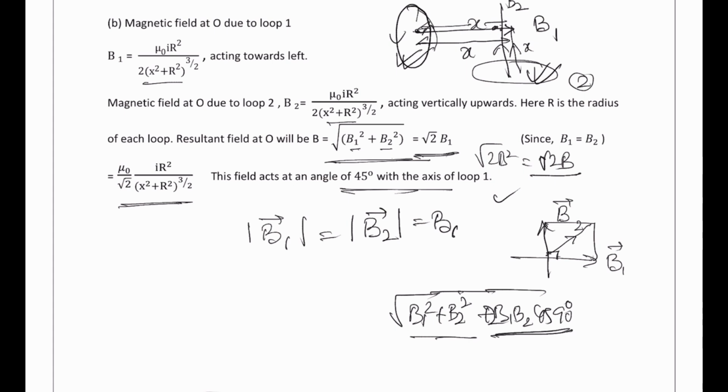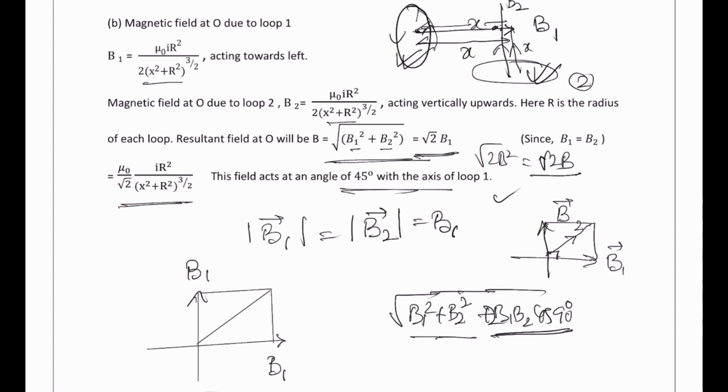So we have this magnetic field B1, and this is also B1 in magnitude, and they are at right angle. Therefore the resultant magnetic field can be obtained by the law of parallelogram of vectors, correct?